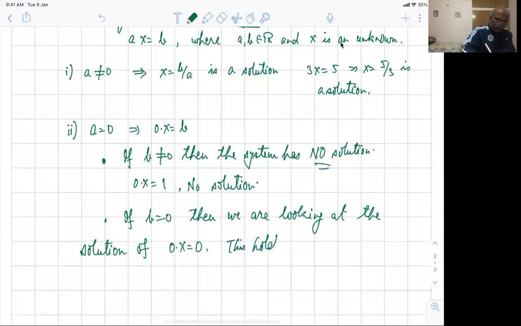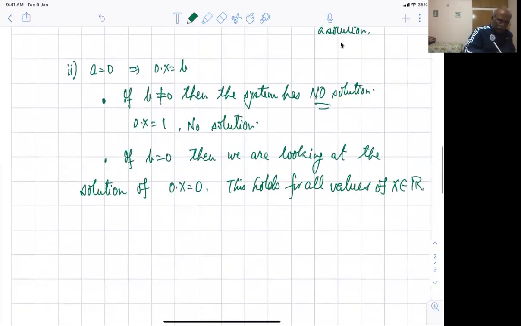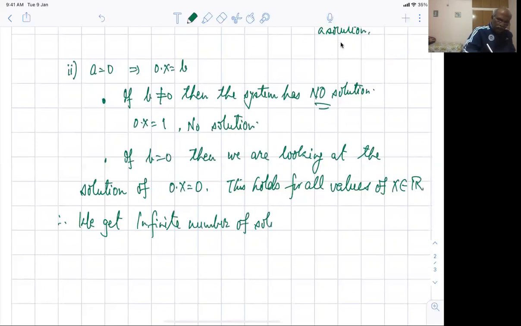This holds for all values of x belonging to R. Therefore, we get an infinite number of solutions. Infinite number of solutions means the whole of R is the solution set. If I look at all x such that 0 times x is equal to 0, then this set is nothing but R itself.